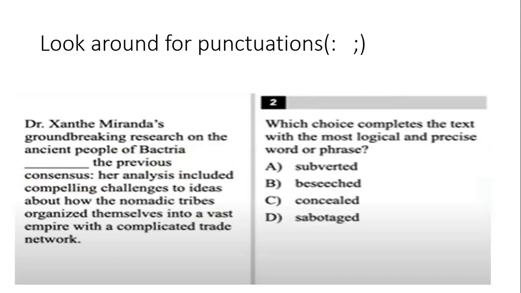Now, Dr. Xanthar Miranda's groundbreaking research on the ancient people of Bactria, blank. The previous consensus means some report they have made. So there was some groundbreaking research on the ancient people of Bactria. That's the place, it's not bacteria, it's Bactria.